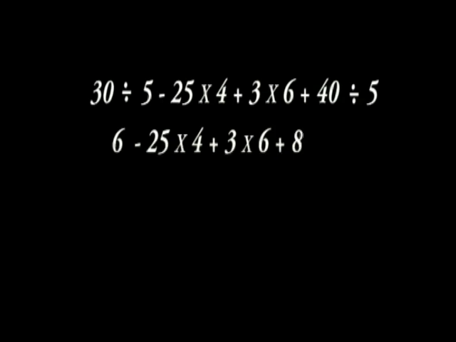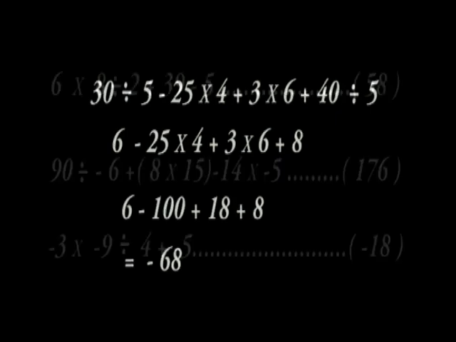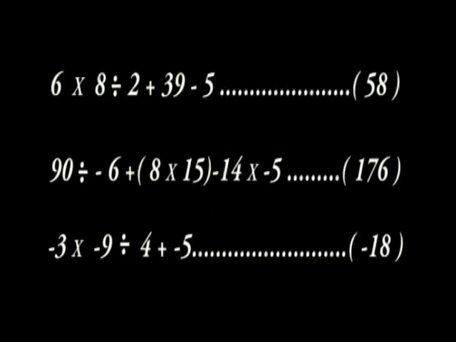Next is multiplication and we get 6 minus 100 plus 18 plus 8, finally giving us minus 68 as the answer. Please work out the following and see if you end up with the answers provided in the bracket.